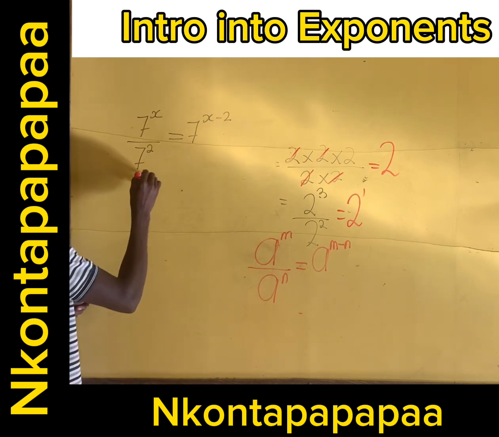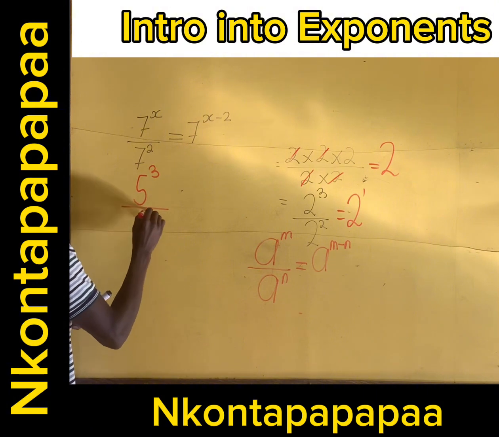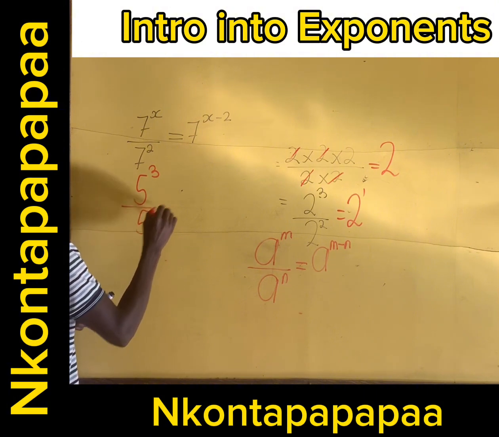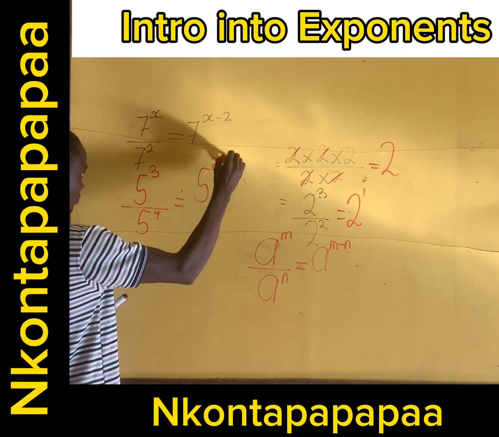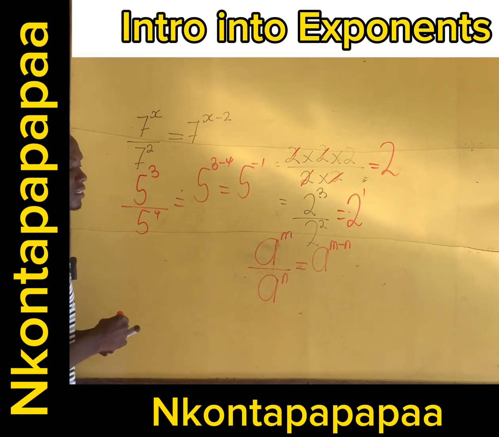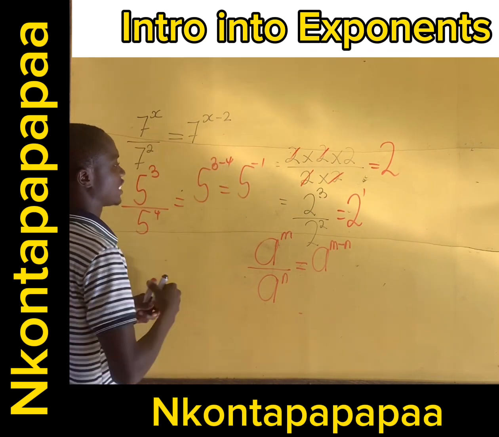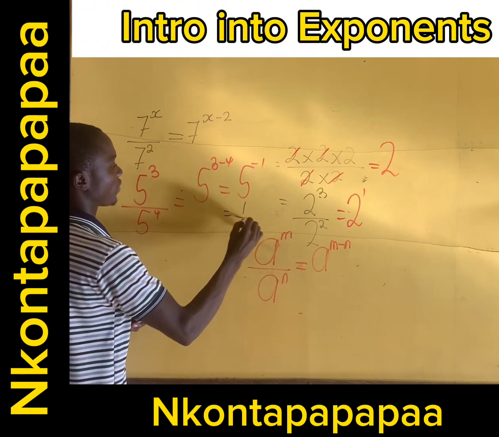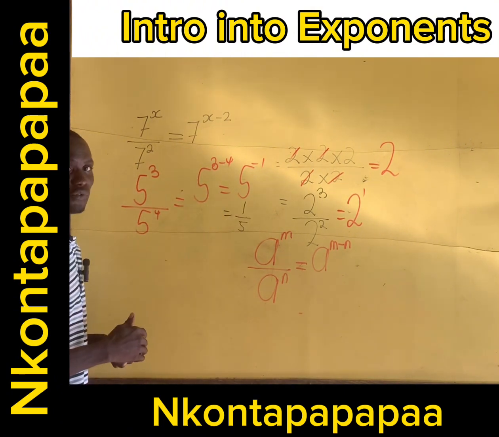If I have 5 exponent 3 divided by 5 exponent 4, then I have 5 exponent 3 minus 4. That gives 5 exponent negative 1 in a very simple way. And as we go on, 5 exponent negative 1 will become 1 out of 5. We will explain this within the video or in the next video.